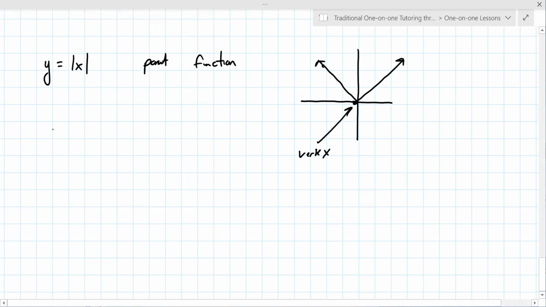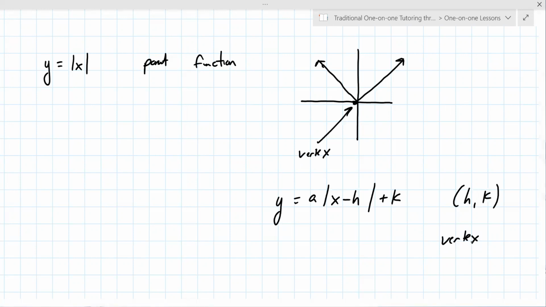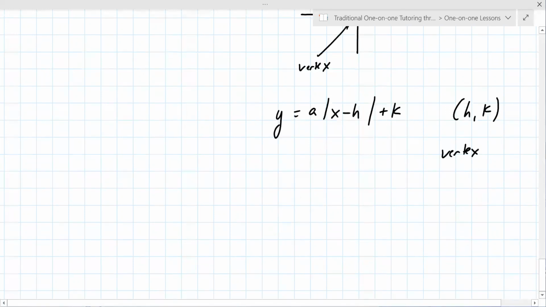Now, there's kind of another form that you see, that your instructor wrote on a thing here. H comma k is your vertex. So we'll look at that in a couple of examples. For example, let's say I wanted you to graph y equals absolute value of x minus 3 plus 2.